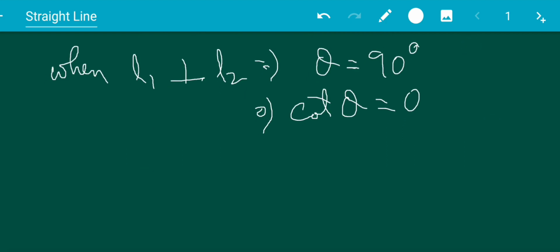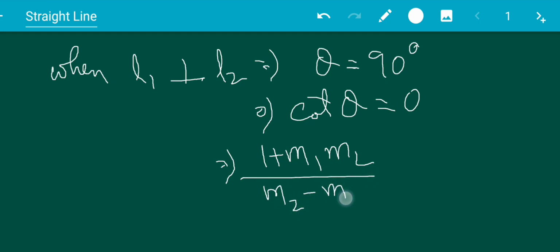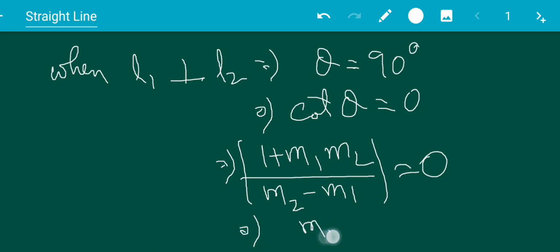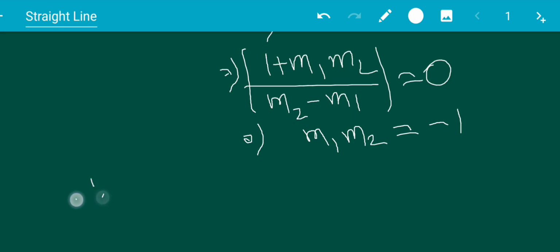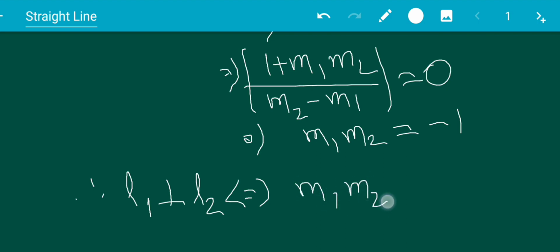So cot theta equal to 0, this implies 1 plus m1 m2 divided by m2 minus m1 is equal to 0. This implies m1 m2 equal to minus 1. Therefore L1 perpendicular to L2 implies and is implied by the product of the slopes m1 m2 being minus 1.